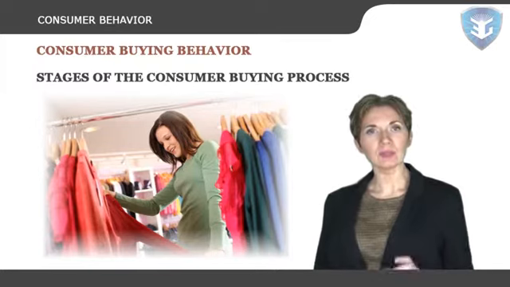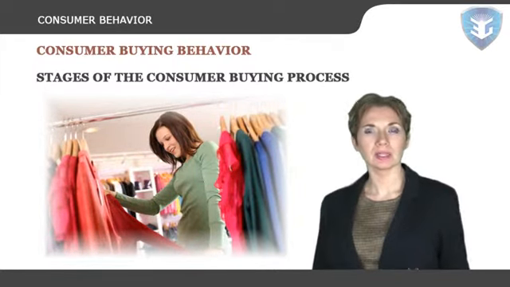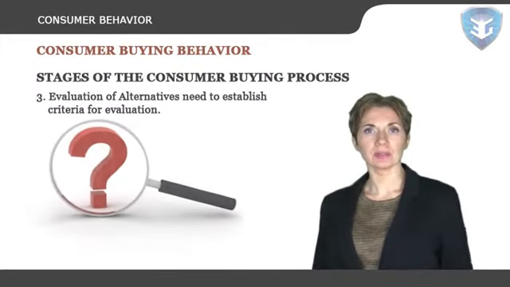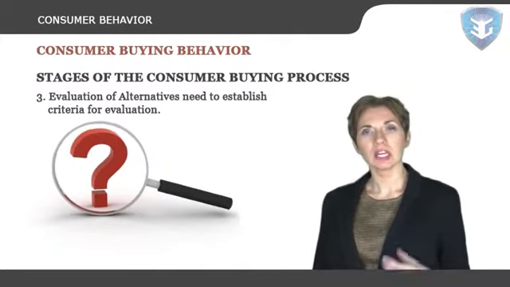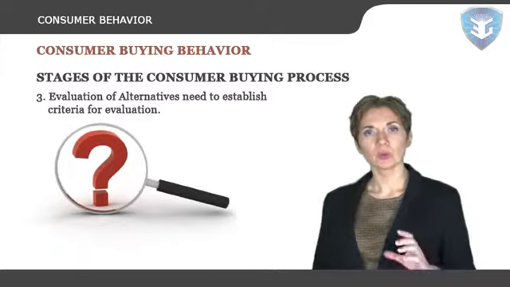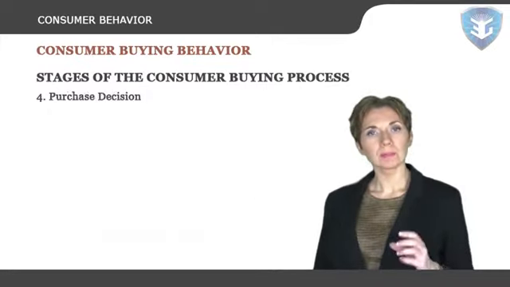A successful information search leaves a buyer with possible alternatives, the evoked set. Third, evaluation of alternatives. Need to establish criteria for evaluation: features the buyer wants or what they don't want. Rank and weight alternatives or resume search. Fourth, purchase decision.